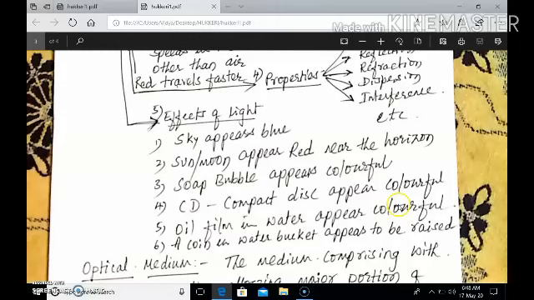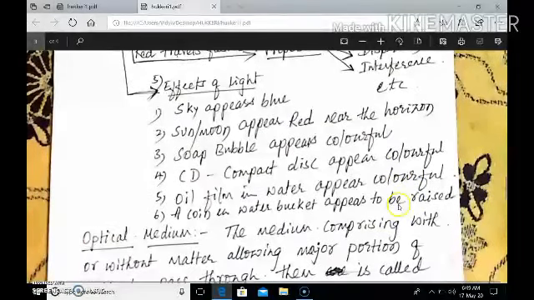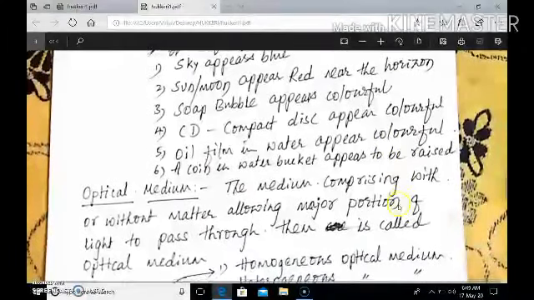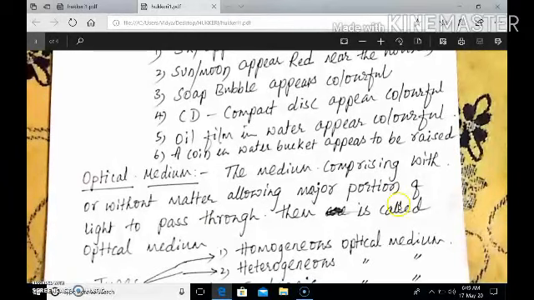Oil film or grease spilled in water appears colorful during the rainy season. A coin in a water bucket appears to be raised. A stick immersed in a water trough appears to be bent. These are examples of the various effects of light.